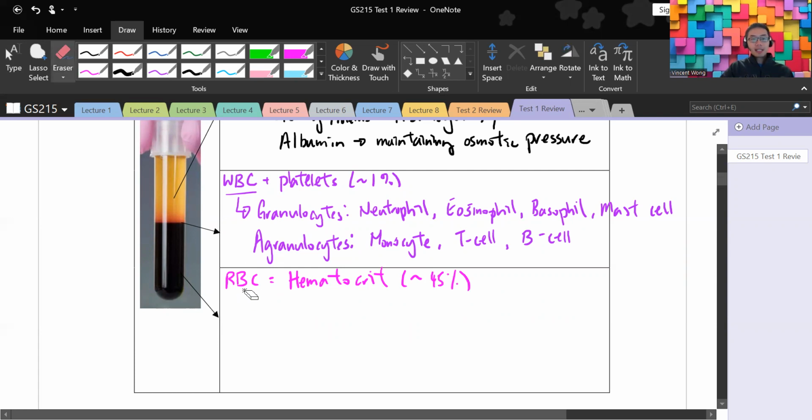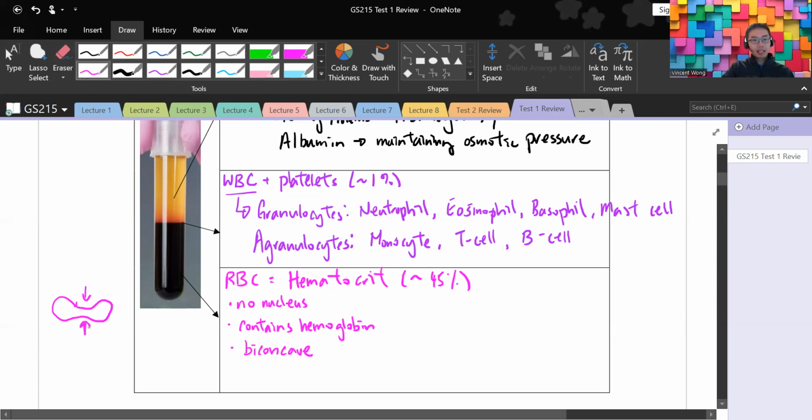So obviously the RBC is going to have no nucleus. It contains hemoglobin. The shape we would say it is biconcave, right? If you look at it from the side, it's going to be pinched in like that.